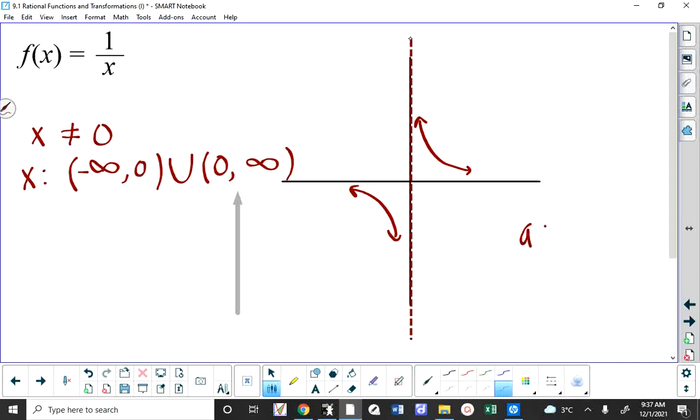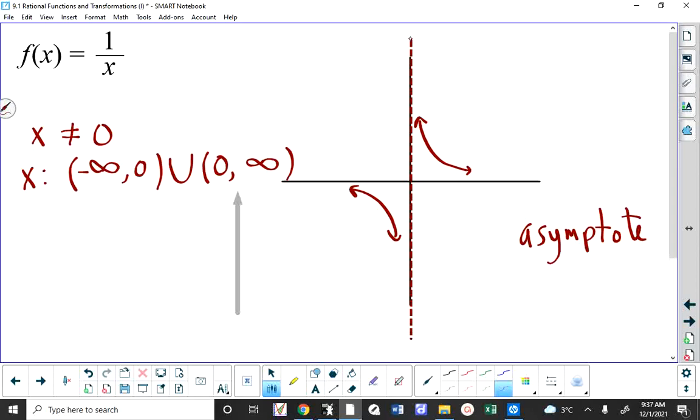One of what I think is the funniest words in math. And it's a vertical asymptote. So because x cannot equal 0, but it can equal anything to the left and the right, we draw that dotted line in. That dotted line is not really part of the graph of the function. It's just showing you some place where the function can't be.